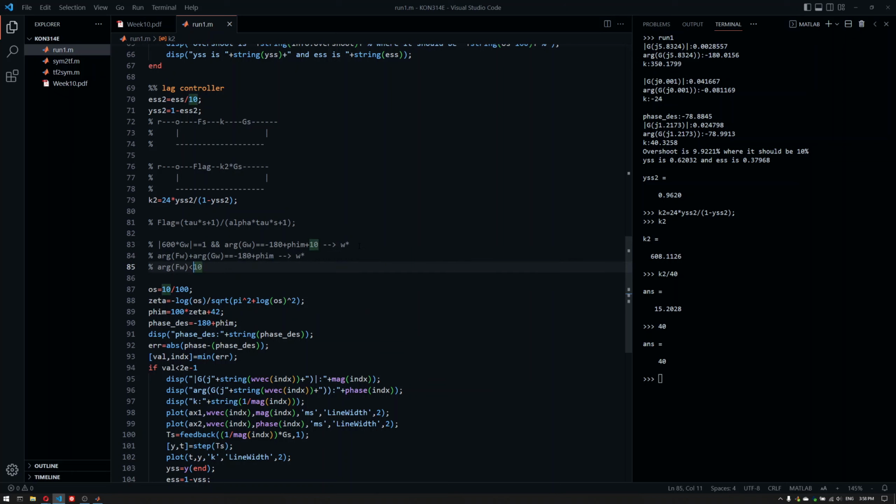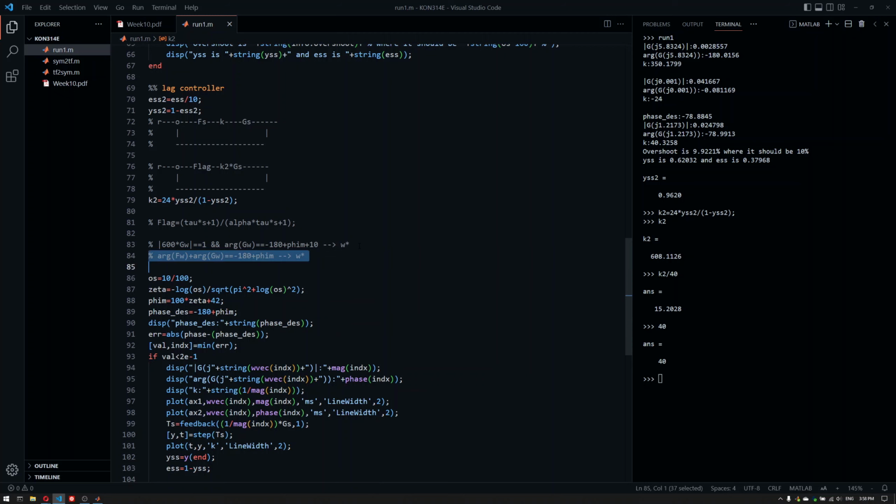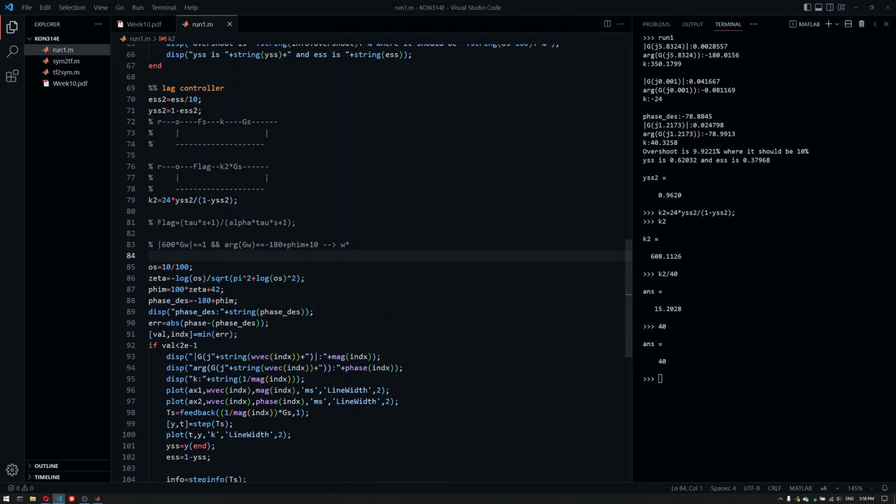It should be less than or equal to, at least, so that we don't hit the stability bound. We're just being safe by adding 10 degrees. It could be 5, then you're just a little bit safer, but that's no issue. It's kind of an iteration. You can also iterate and try to tune it a little bit more here. But let's first solve it and then see what I mean by that.